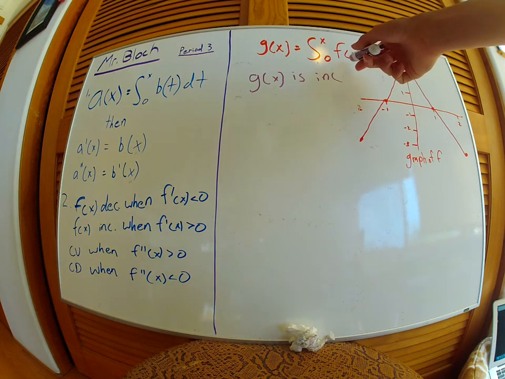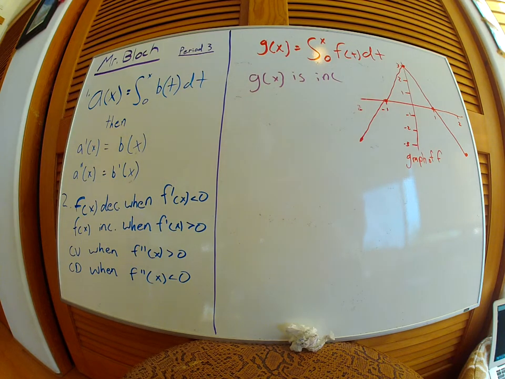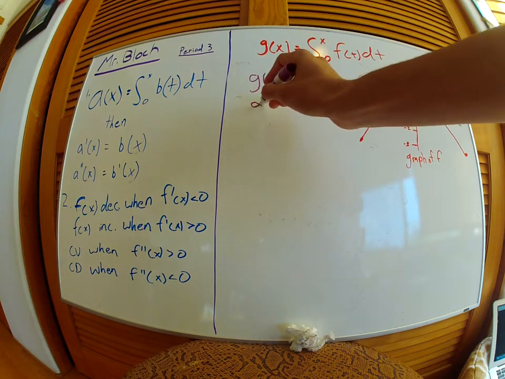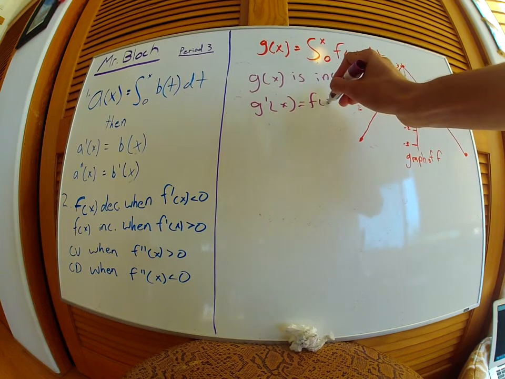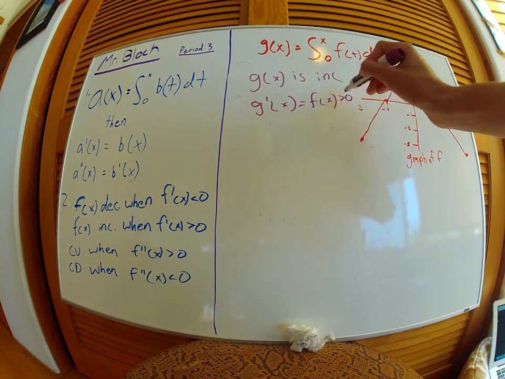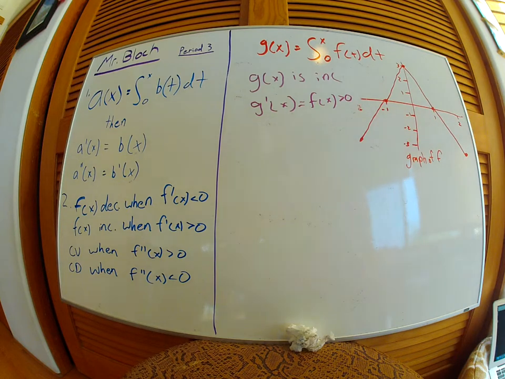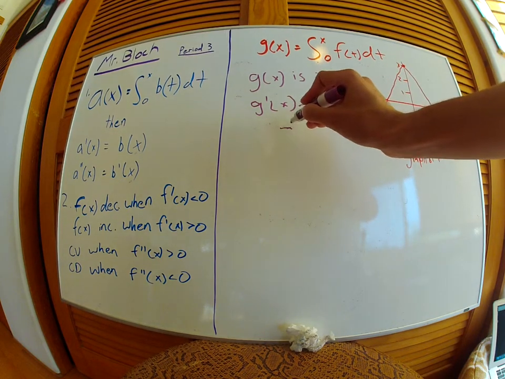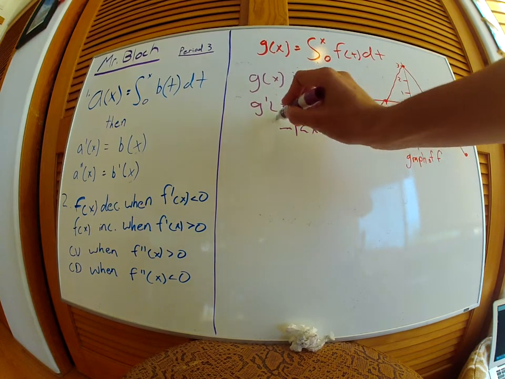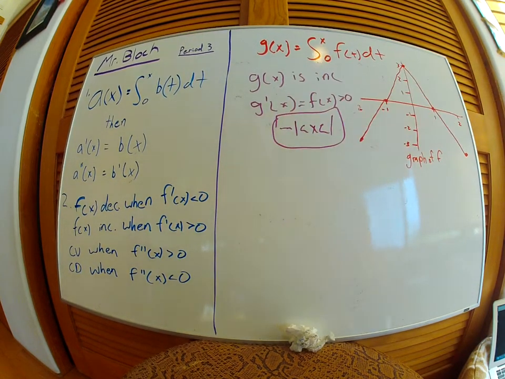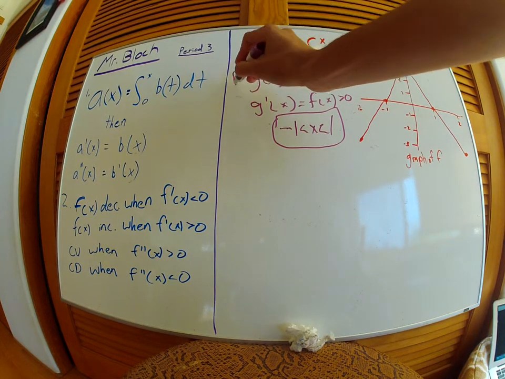This is the antiderivative of f of x, so g prime of x is equal to f of x, which is greater than 0 between negative 1 and 1. So the answer is negative 1 to 1. The reasoning is that g prime of x, which is equal to f of x, is greater than 0 on this interval. Alright, so that was B.